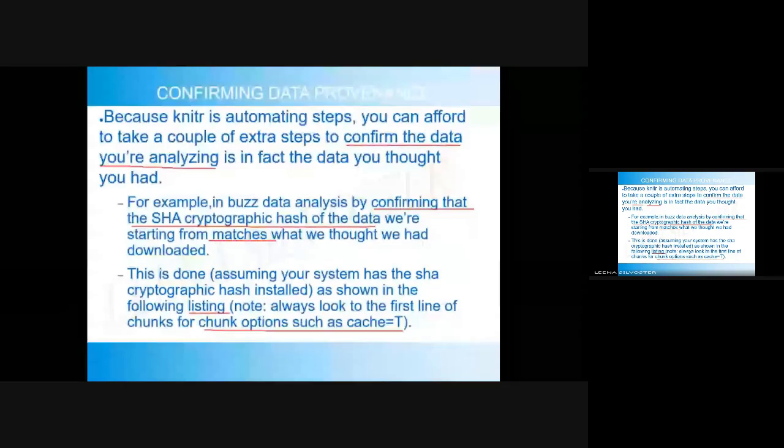Because meter is automating steps, you need to confirm the data you are analyzing. For example, in bus data analysis, you have to confirm it using the SHA cryptographic hash function. If the hash matches, then the downloaded data is confirmed.